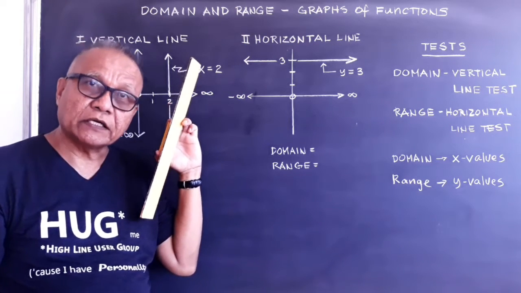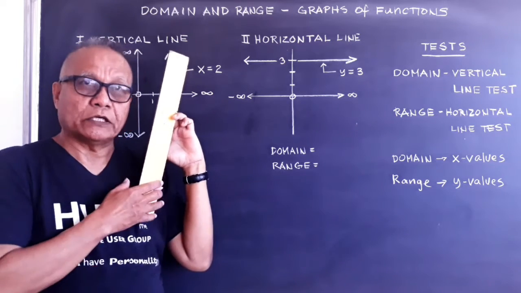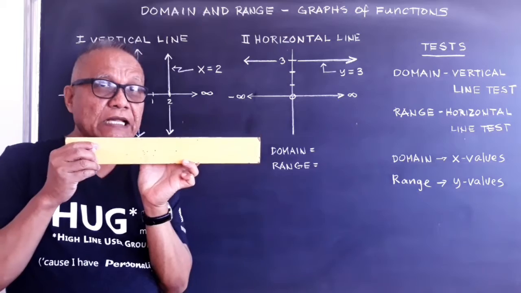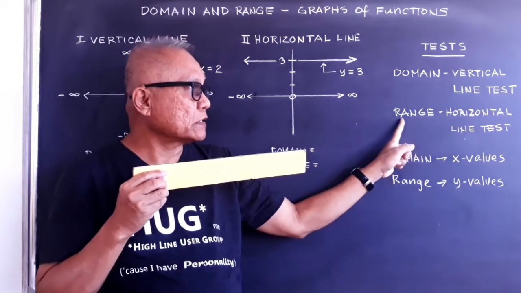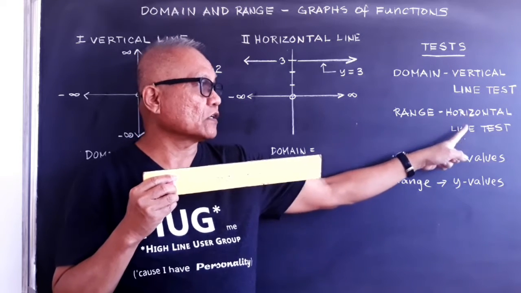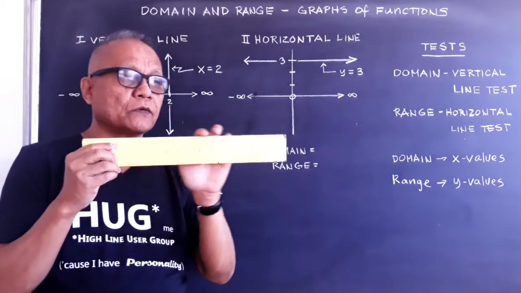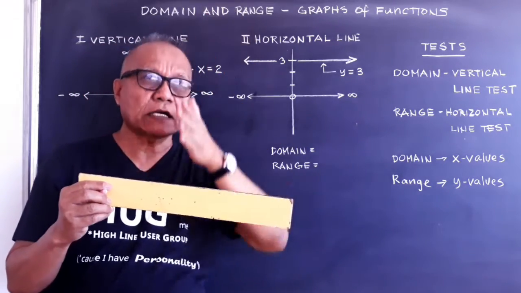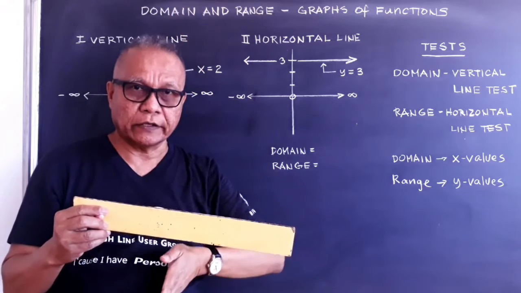What about the range? How do we test for the range of our function? We use the horizontal test. The range is tested by the horizontal line test, in which we put the line on the y-axis and find the values there.